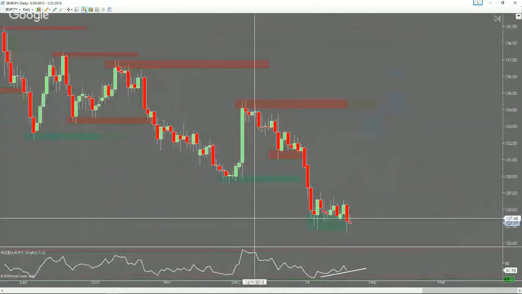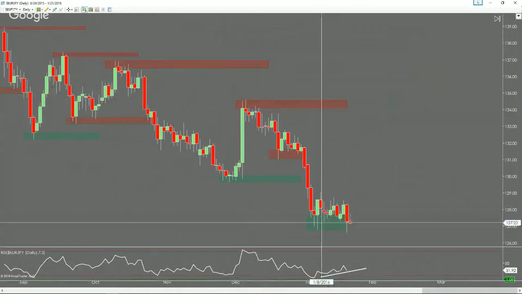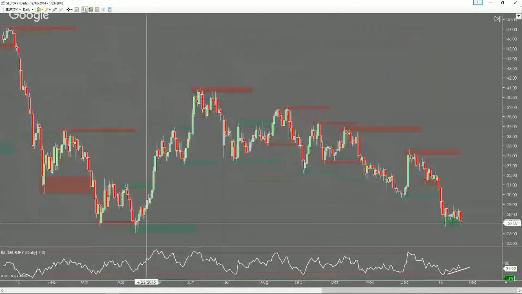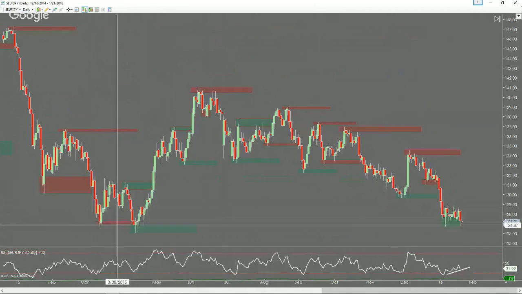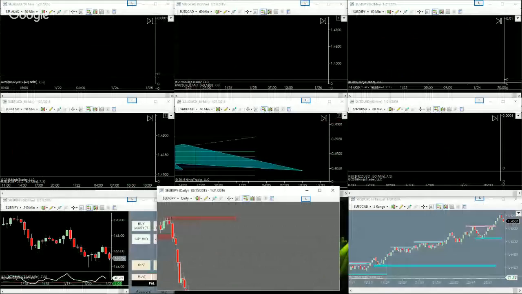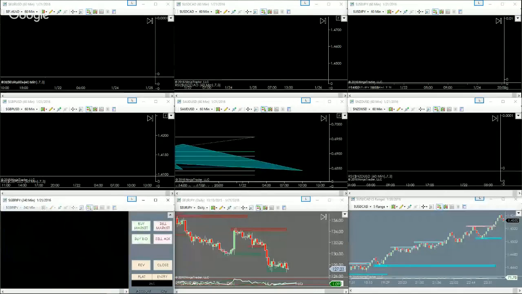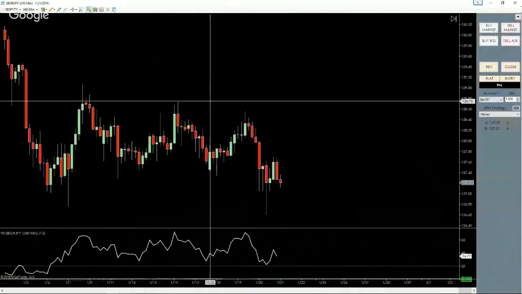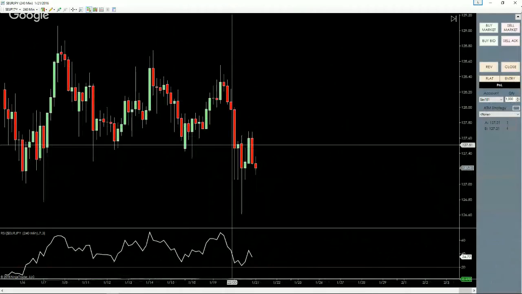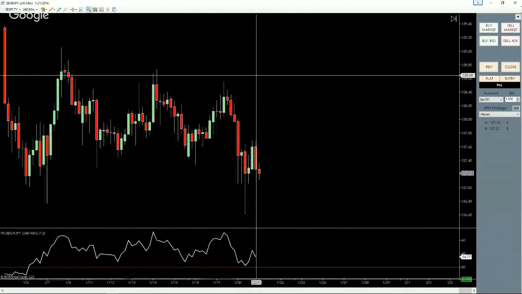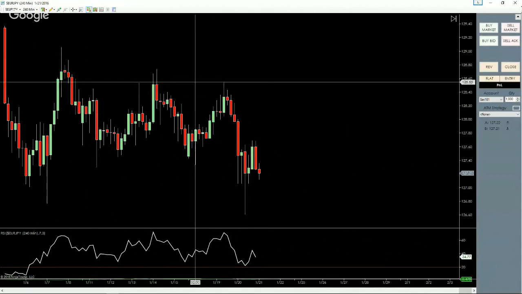Euro Yen, we're forming that support level on the 127 even, which also was some sort of structure previously around March of last year. Euro Yen, there you go. All right. There is a pattern right here.